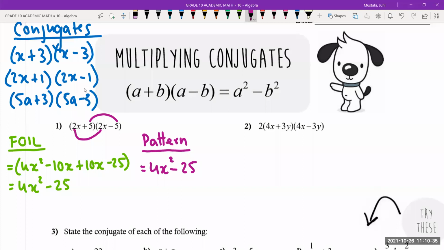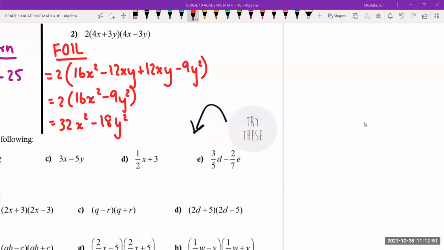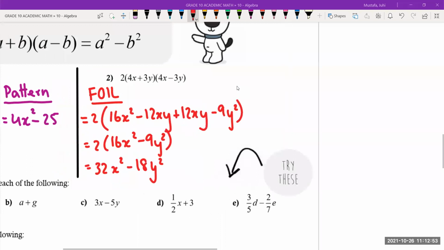All right, let's go ahead and try foiling this. Let's use the pattern and see what we get.